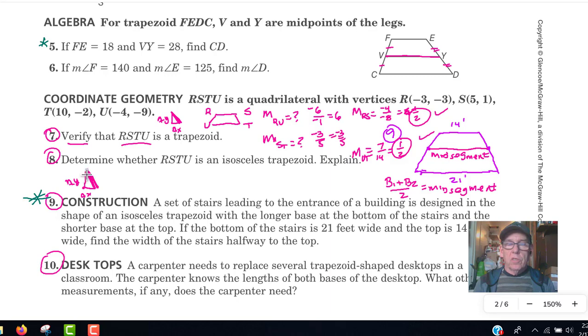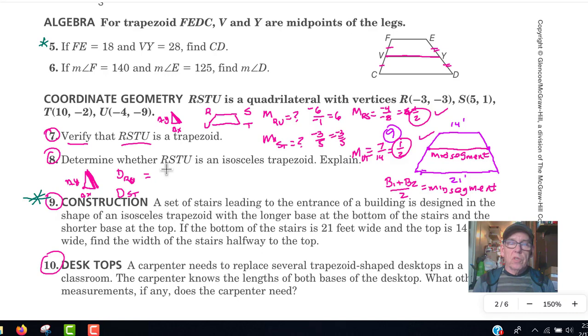So we want the distance from R to U, and the distance from S to T. Okay, so from R to U, if we're going from a negative 9 to a negative 3, that's a difference of 6.